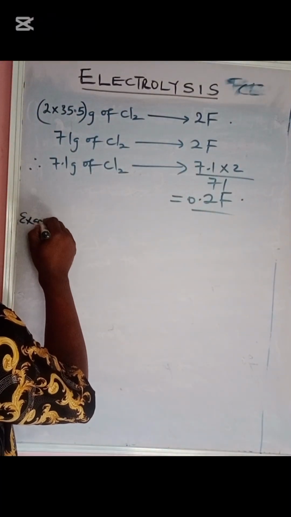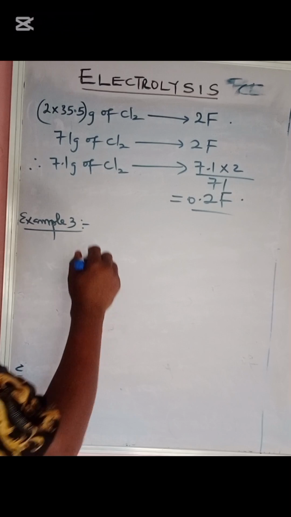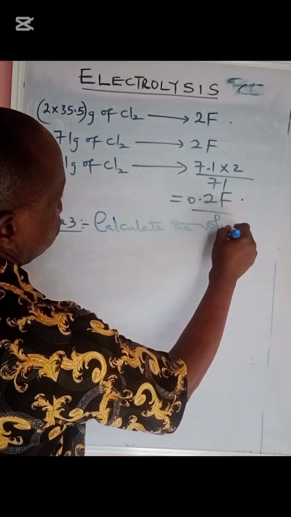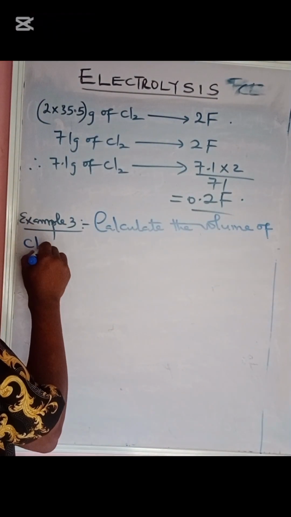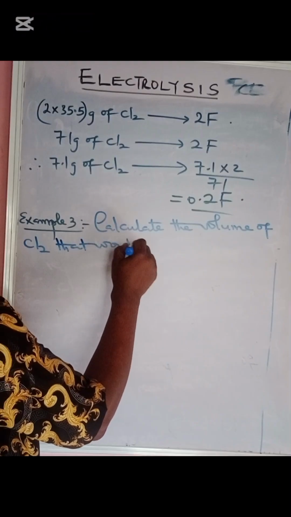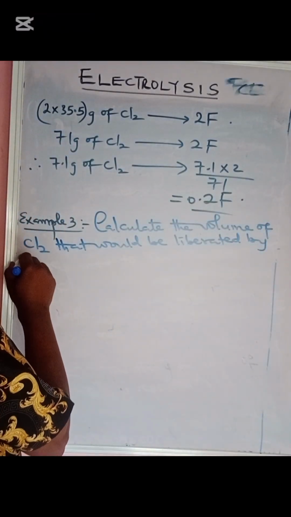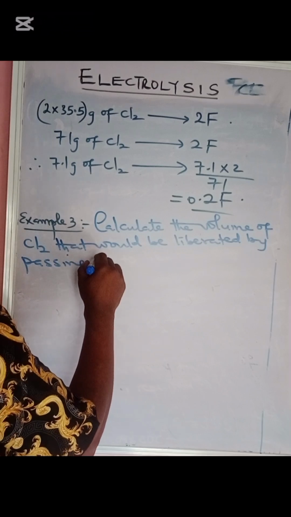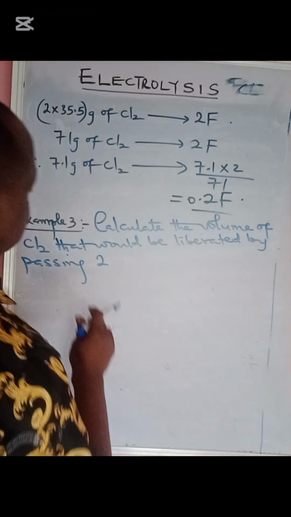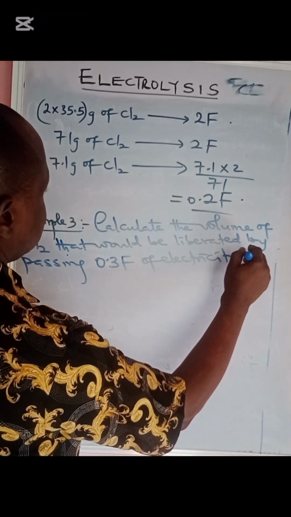Let's see example 3. Calculate the volume of chlorine gas that would be liberated by passing 0.3 Faraday of electricity.